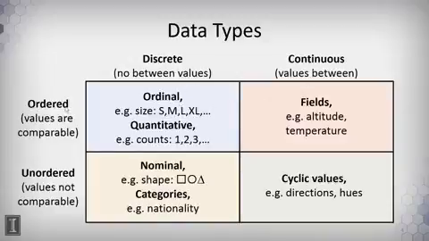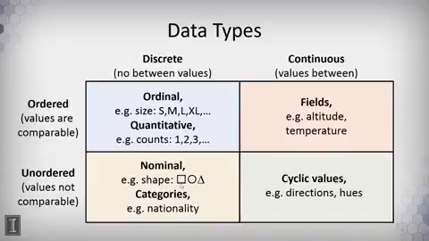You can have continuous ordered values, and these are our common real numbers, the real number line, and so on, and values that we'd use, for example, for altitude or temperature or any continuous field of values. You can also have unordered data in discrete and continuous forms. So the discrete form of unordered data can be nominal or categorical.